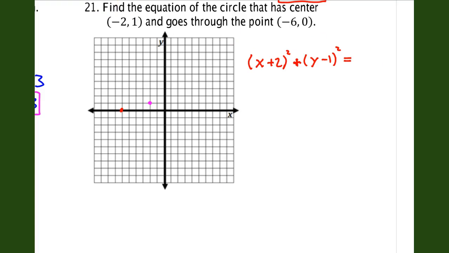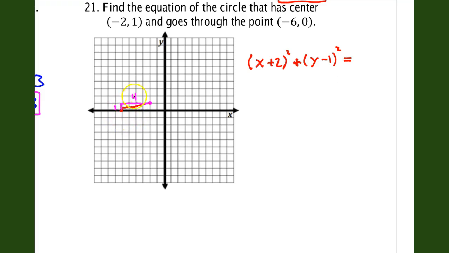So we need to know how far is it from here to here, right? And a good way of doing this is using the Pythagorean theorem. So if we know from here to here is 1, 2, 3, 4, and from here to here is 1, we can use the Pythagorean theorem. A squared plus b squared is c squared.